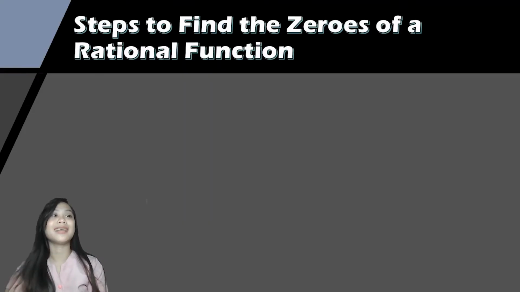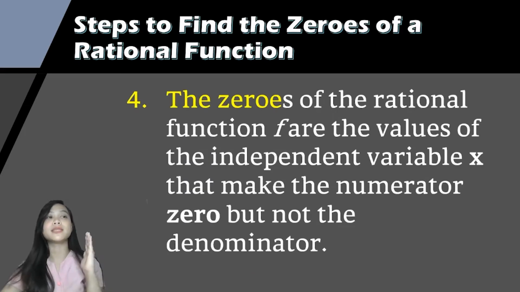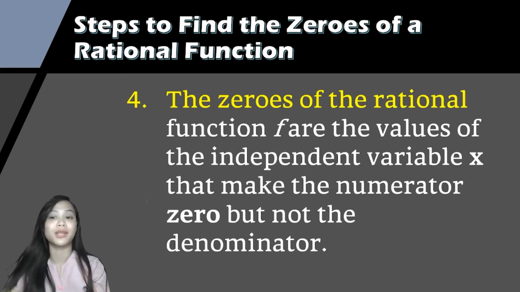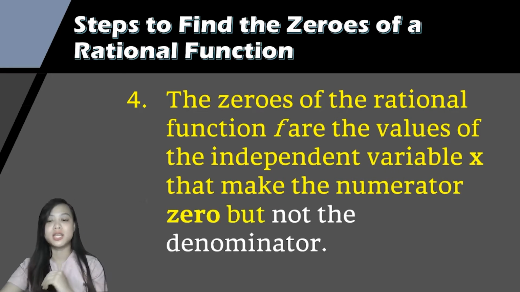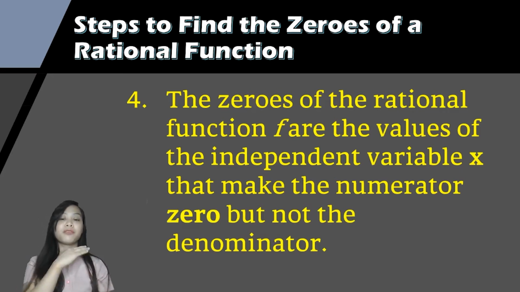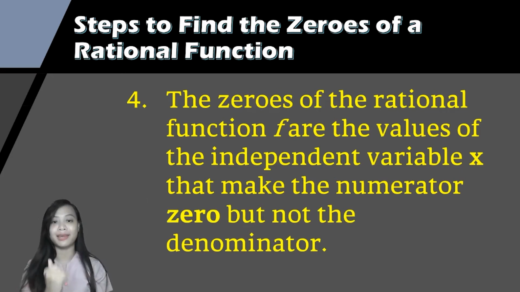And last, of course, the zeros of the rational function f are the values of the independent variable x that make the numerator 0 but not the denominator. Just like I said in the first step, you need to identify the restrictions because those will make the denominator equal to 0.